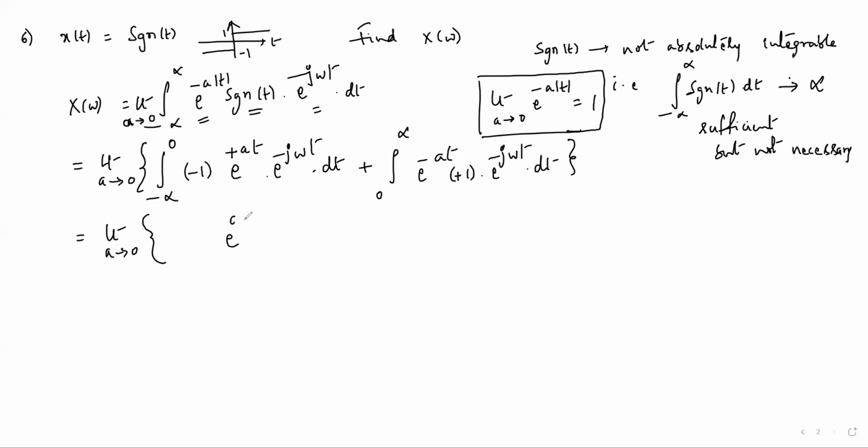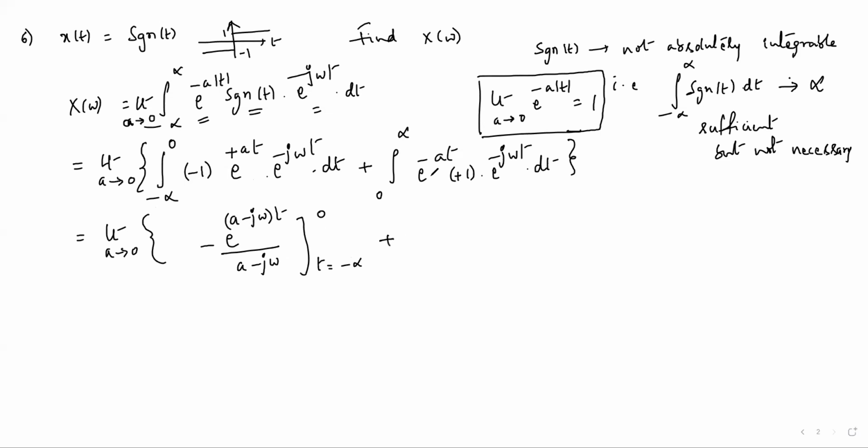It is e to the power of a minus j omega t. After integration, divided by a minus j omega will come. And here minus 1 is there. Here the limits of t are minus infinity to 0.